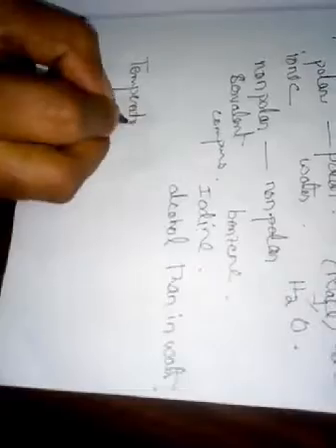The second factor which affects solubility is temperature. So we have different kinds of substances. The first category is where the solubility increases.